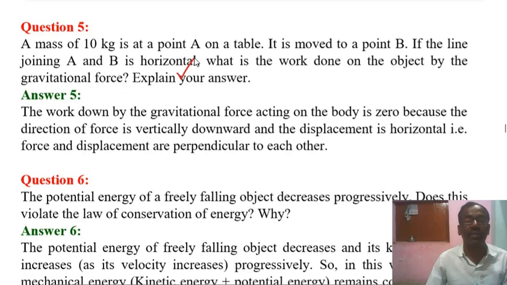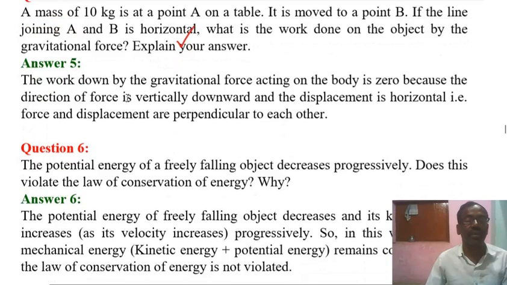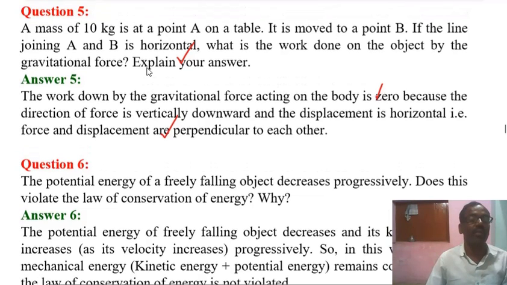Explain your answer. So the work done by the gravitational force acting on the body is 0 because the direction of force is vertically downward and the displacement is horizontal. Force and displacement are perpendicular to each other. Hope that there is no problem to understand the answer of the question number 5.